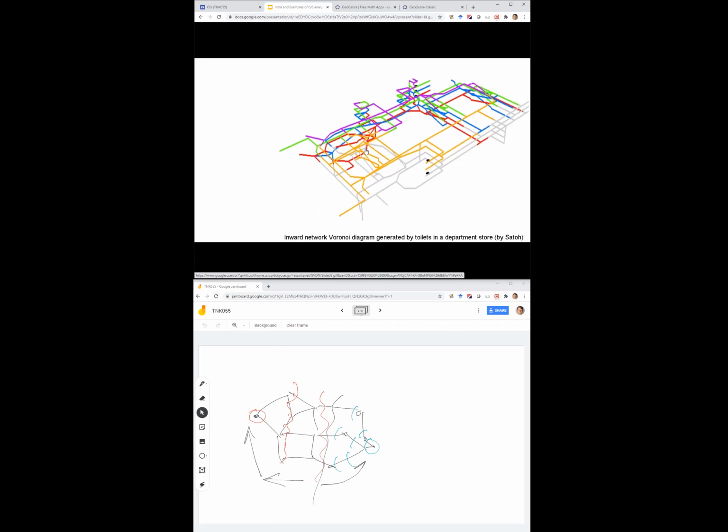But I guess these different colors of the network represent the places from which you will go to different toilets. And again, on the boundary, like over here between two colors, there are two toilets from which you're equidistant. Well, that's good because you have two options.